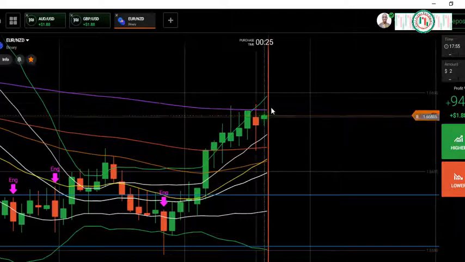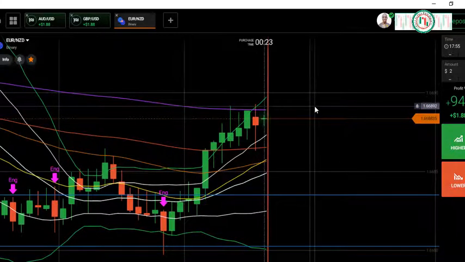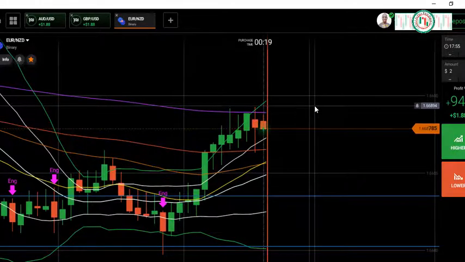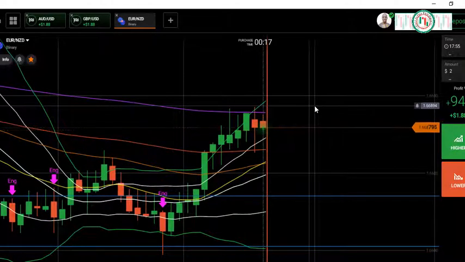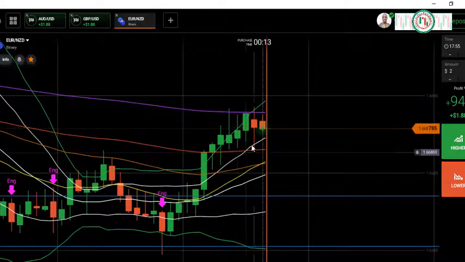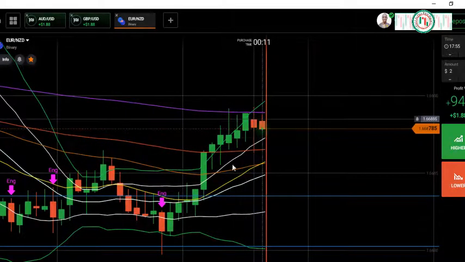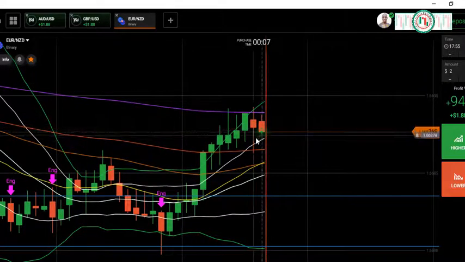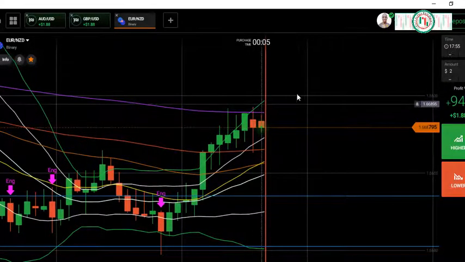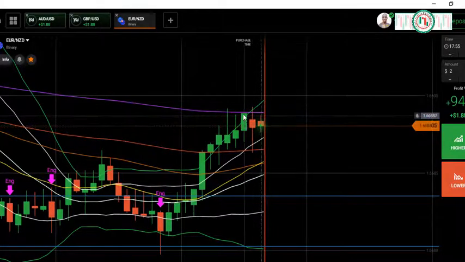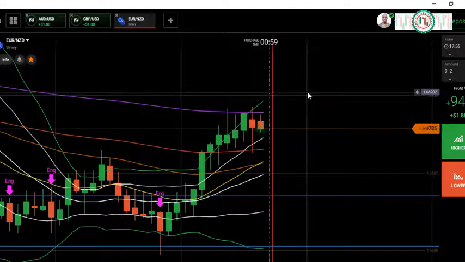So now we have to wait for the breakout, because between these two EMAs is very tricky. You have to be very careful before you take any trade, otherwise you will lose between 100 and 200 EMA.